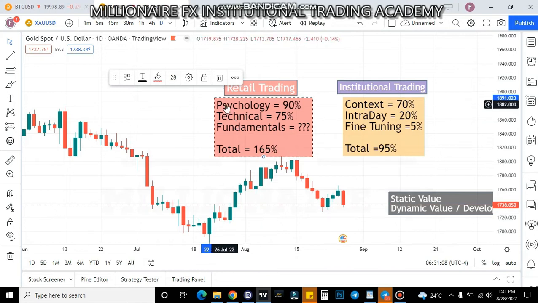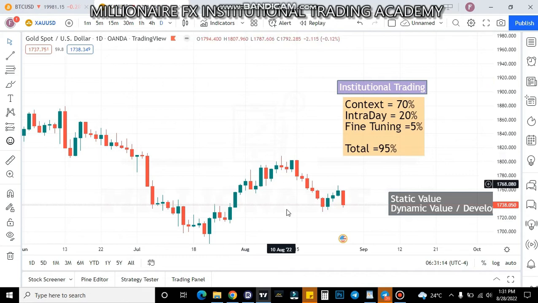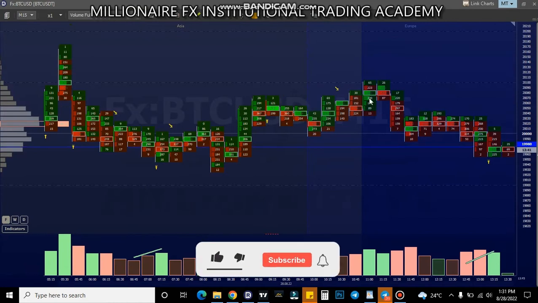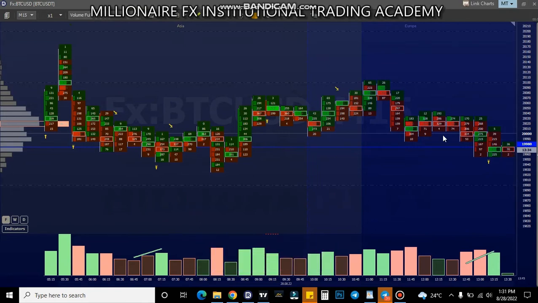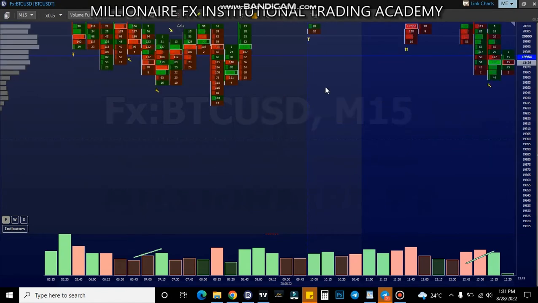And I'm going to show you how to analyze these charts, despite the fact that you don't have institutional trading tools like mine here, like the footprints. Like I'm looking at BTC, and we can all argue that this thing is still moving. Actually, let me decrease these tickers to 0.01 and then apply, and then you can see.